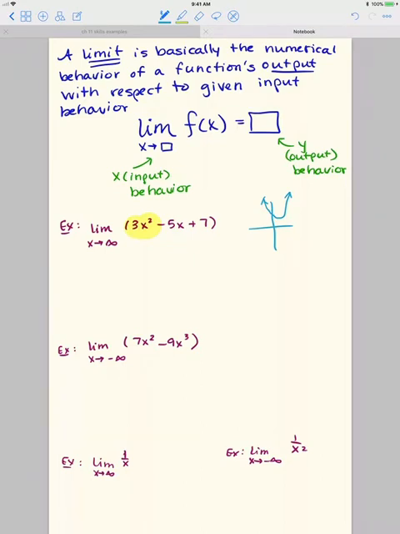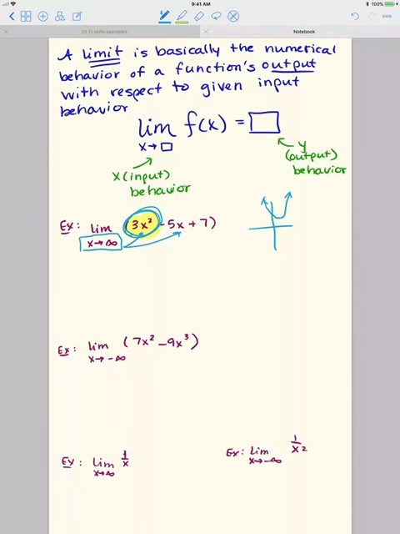But more importantly, you want to know what the function behavior does as x values go to infinity. So as x values get really large, when you go to plug them in, you can really focus on that highest power term, that leading term. And if you take 3 times x squared and that x value just gets bigger and bigger, and the square of that number gets larger and larger, and you times it by 3, the function value for this polynomial is going to get extremely large.